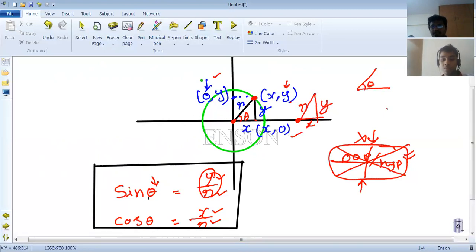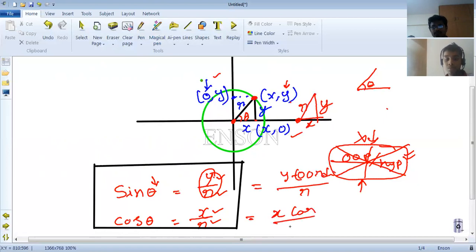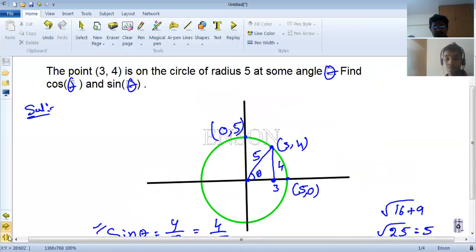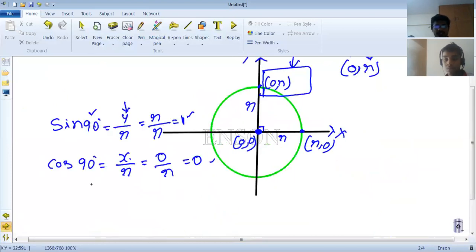Sin theta can always be written as the y coordinate value to the radius, and cos theta can always be represented as the x coordinate to the radius. That will be the first slide, and depending upon that one we solve one problem easily.